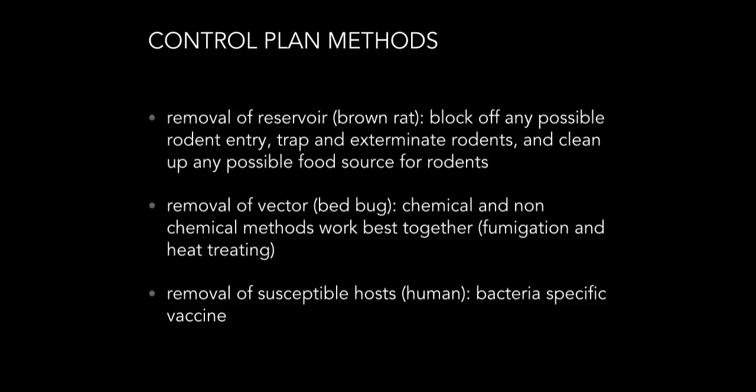First is block off any possible rodent entry. The second was trap and exterminate rodents. And the third was clean up any possible food source for rodents. So when it came to blocking off rodent entry, some specifics that were explained were basically filling in holes, setting traps in piping, floors, air vents, sealed with chalk, wood, clay, or grout, depending on applicability.